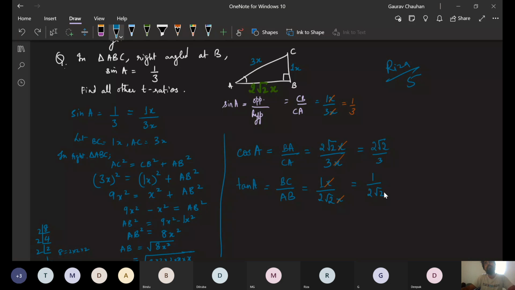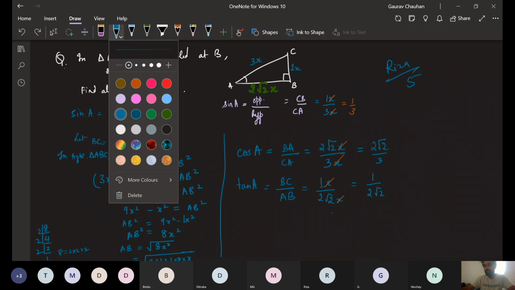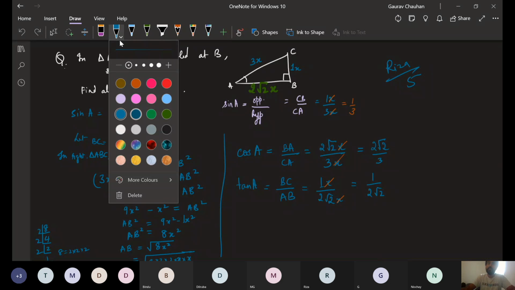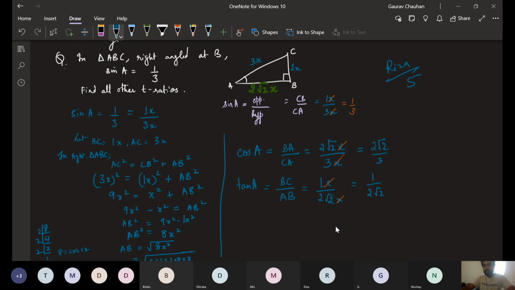Rationalizing the denominator. We had studied that we don't leave radicals in the denominator as a general practice. But for now, we will leave it. Okay. Let's continue.